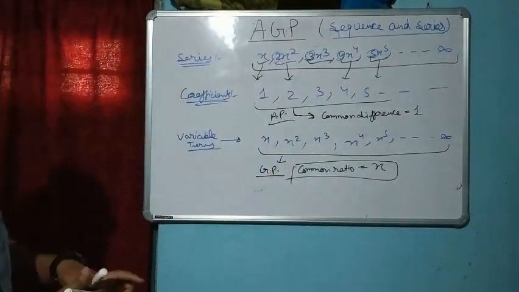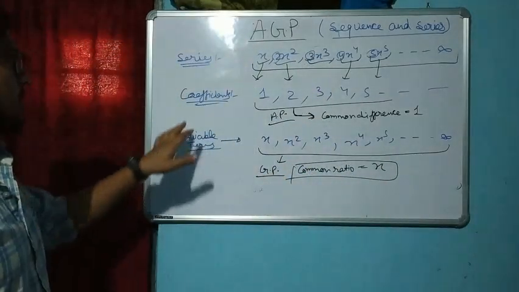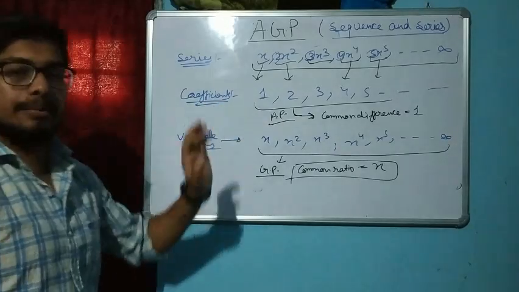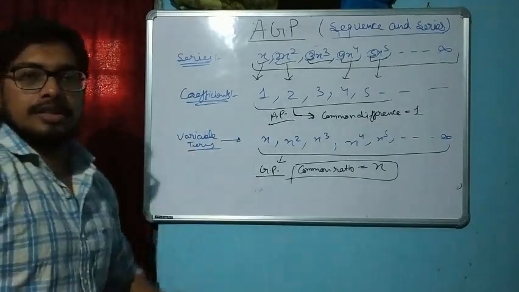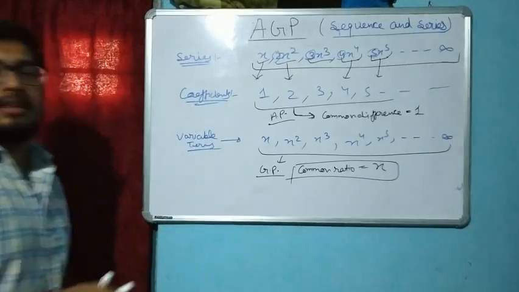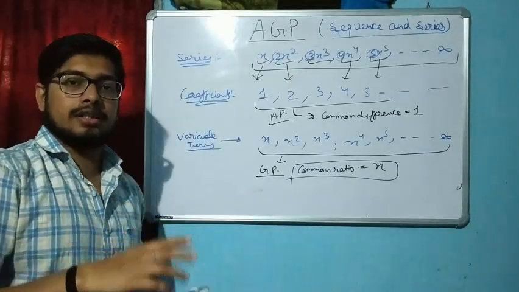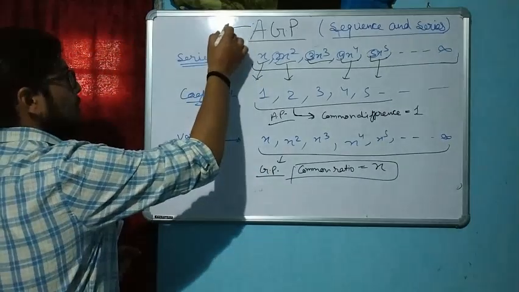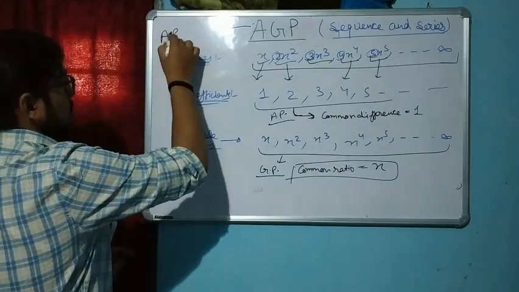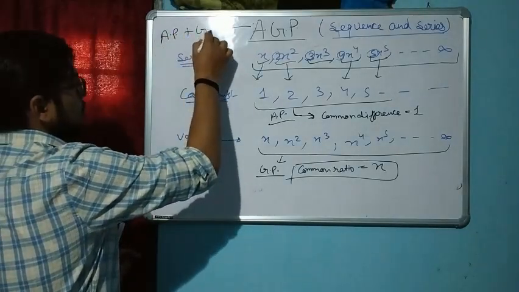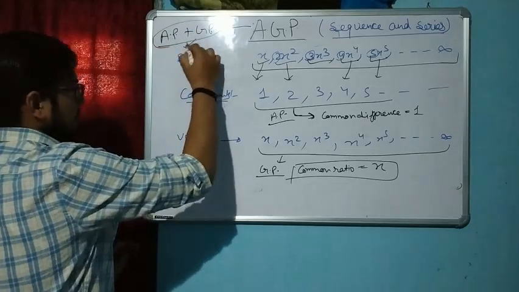So since we have split the terms, we found that the coefficients are in AP and the variable terms are in GP. So an AGP consists of two progressions, an arithmetic progression and a geometric progression. This is basically a composition of AP and GP.